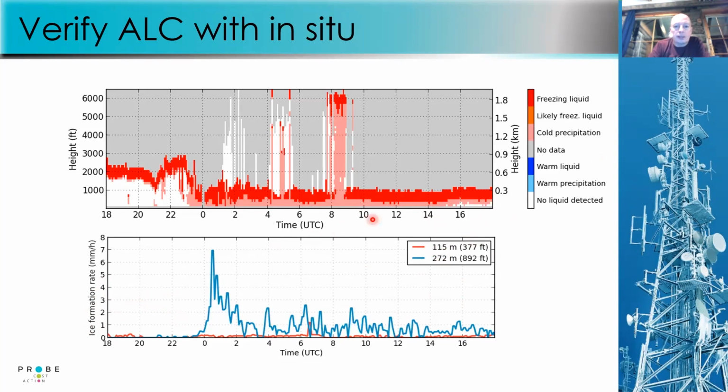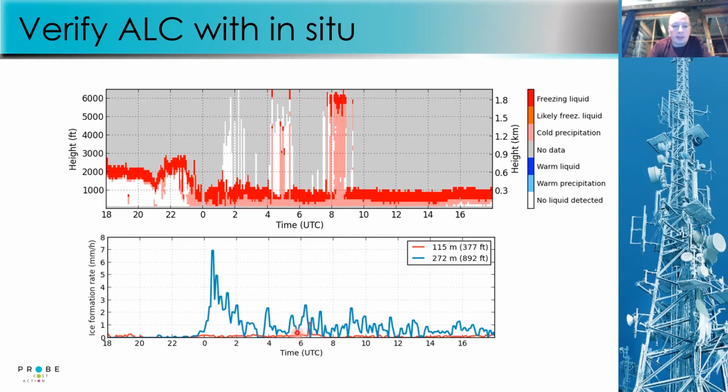And you can see that if we're thinking about 272, the cloud base is around about 250. So the higher icing detector is in cloud, and the lower one is only in the precipitation. And then you can see the icing rate for the in-cloud one is much higher than the one that's only in precipitation. So it's not that there's no icing from the precipitation, but it's not as much as in the supercooled liquid cloud.